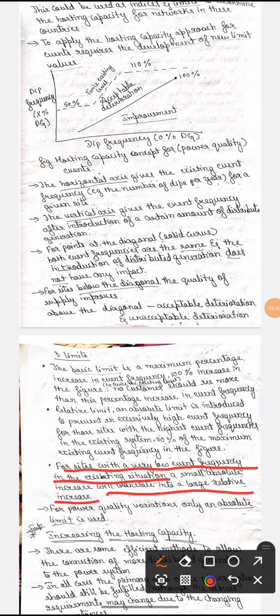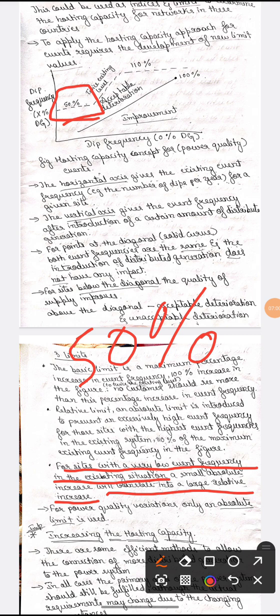So the example used in this figure is half of the highest event frequency for the existing site, that is 50%. That is the limit for a site with very low event frequency. It should not go below that one.